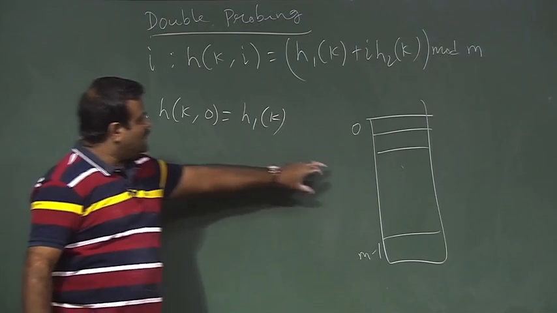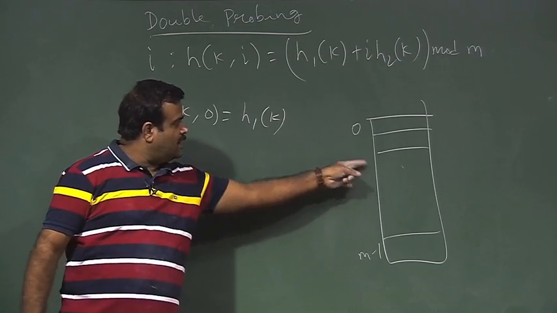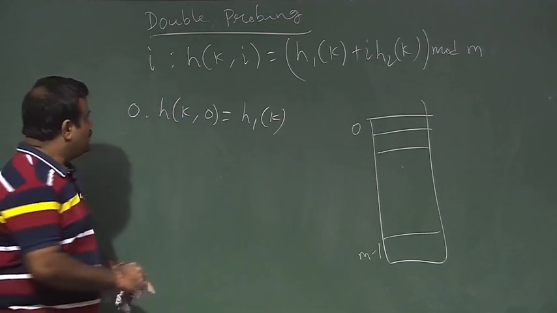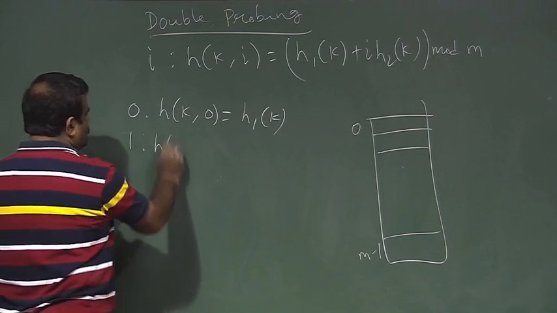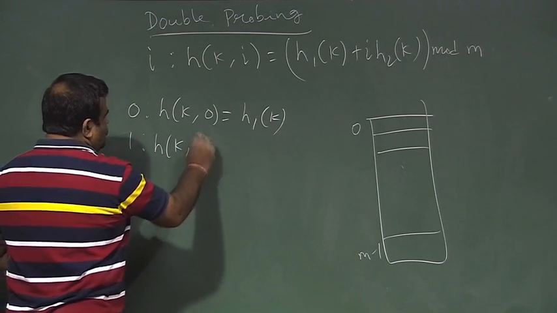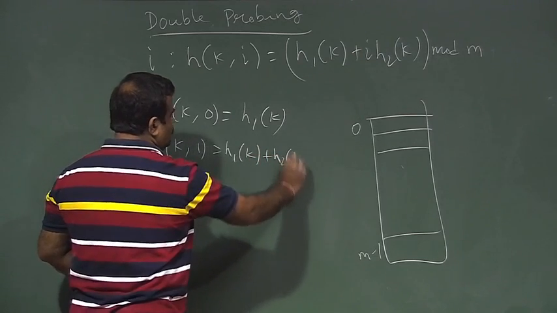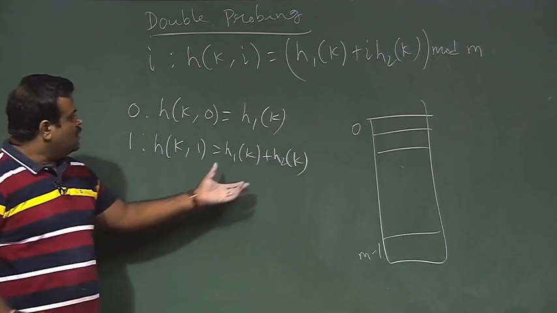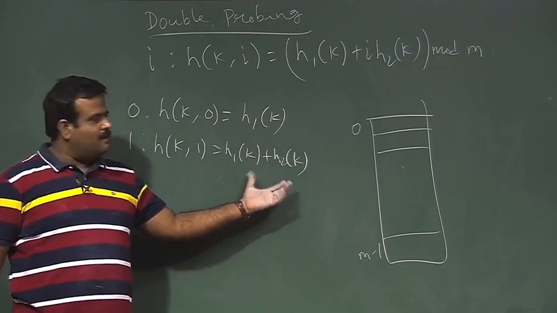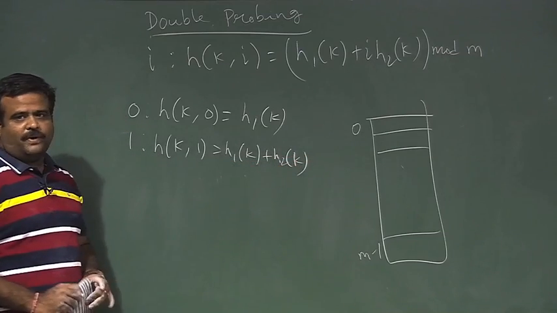So, we apply the hash function. If it is hitting some occupied slot, then we go for the next probe. Then it is basically h1 of k plus h2 of k. So, we have another hash function, we just add it and obviously mod m, and check again whether it is hitting an occupied slot or an empty slot.